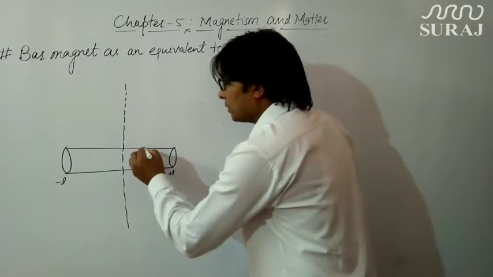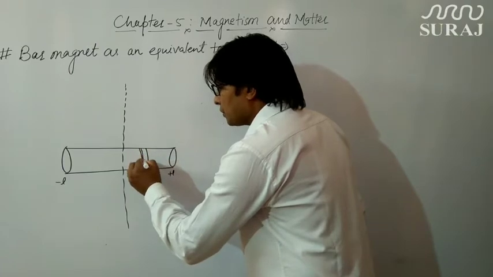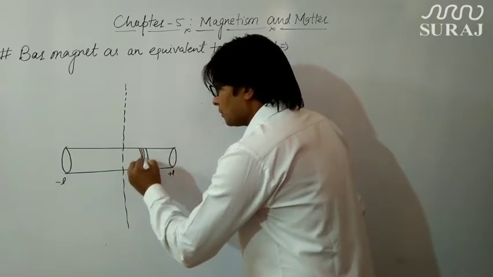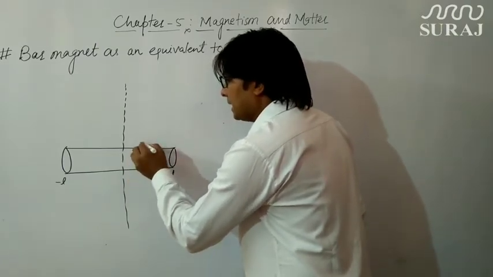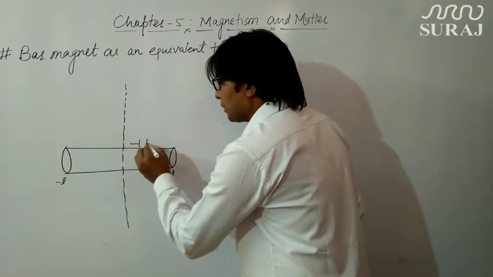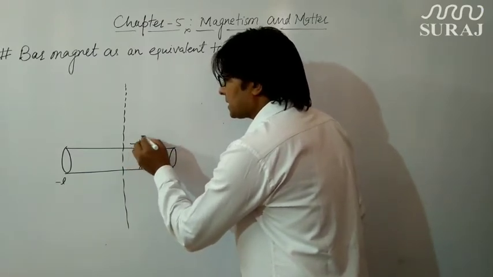Suppose this is a small distance or length, a small part of the solenoid, which consists of n into dx number of turns. Why am I writing this n into dx?